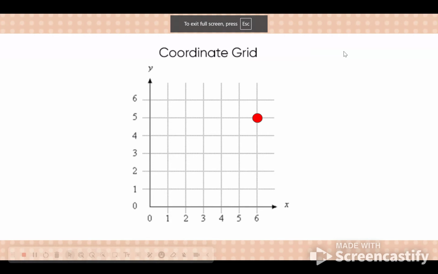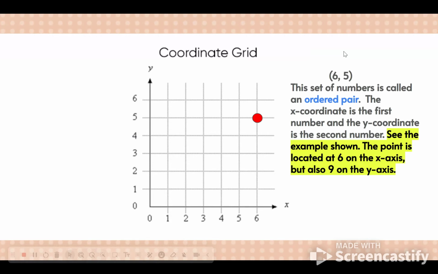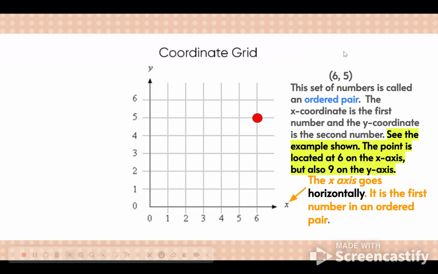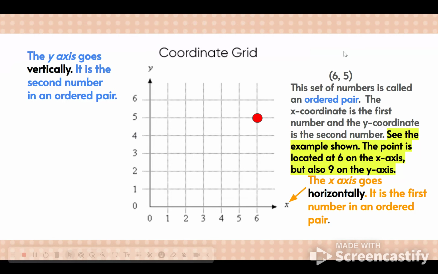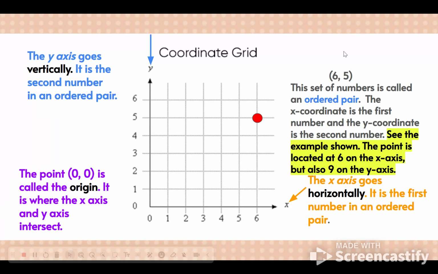All right, so let's look here. These are things you're definitely going to need to pause the video for, because I need you to label the coordinate grid that you see on your guided notes.